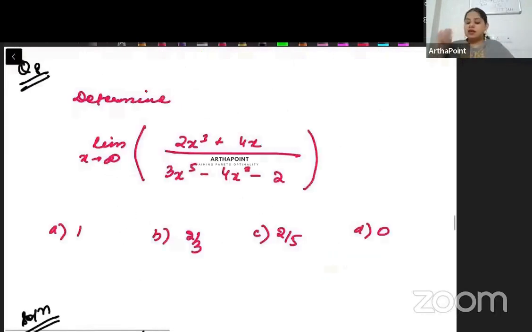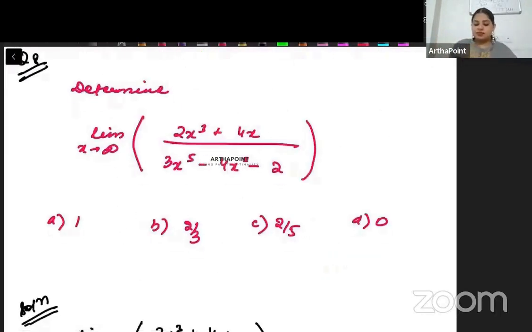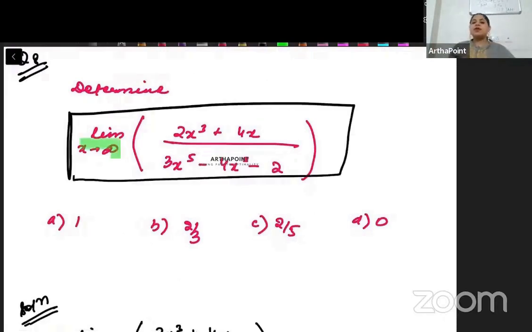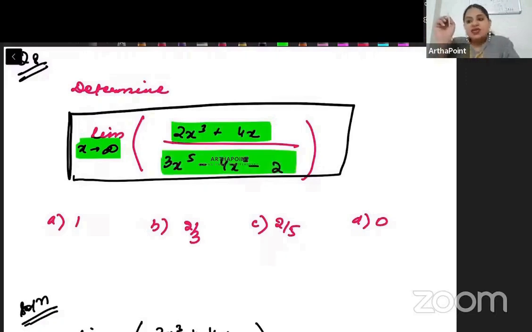It says, determine this limit, as x tends to infinity. So, beta, whenever you are given such questions, you must go ahead and divide numerator and denominator by the highest power. The highest power that we see here is x to the power 5, right? So I will divide the numerator and denominator by x to the power 5.